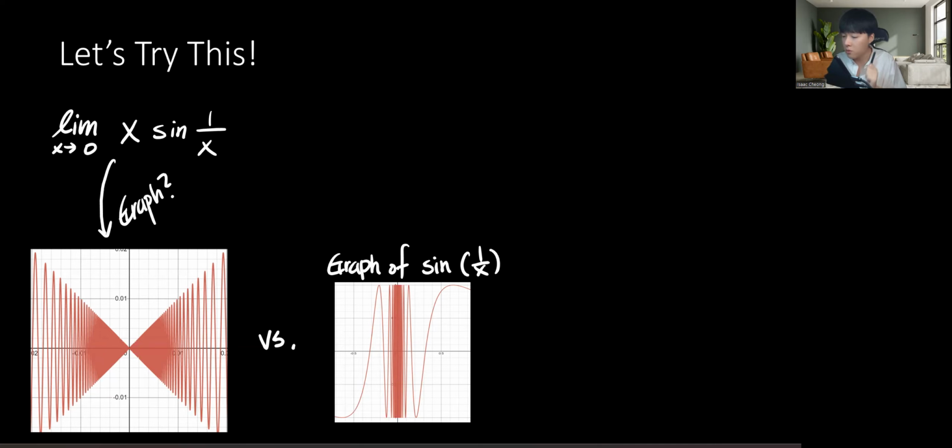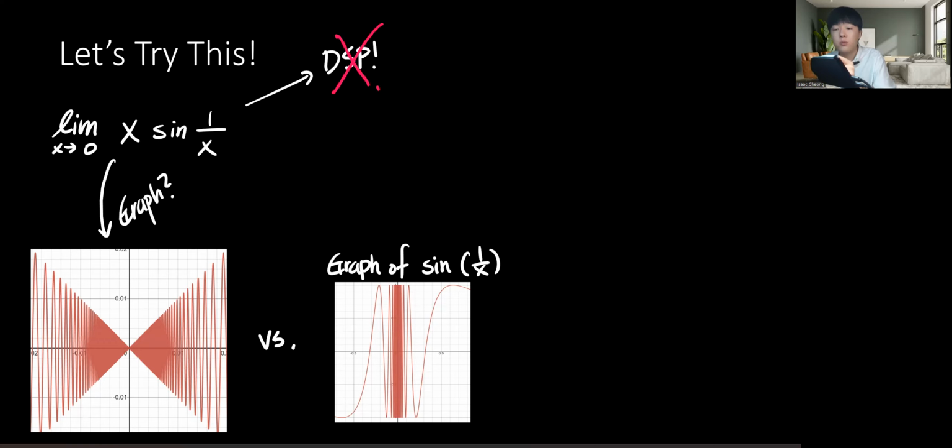But let's try DSP then, because that's the first step that we did. But for DSP, 0 is not in the domain of 1 over x, because if you plug in 0, 1 over x is undefined. So no DSP, because the domain is nothing.